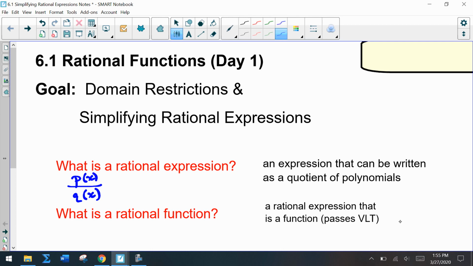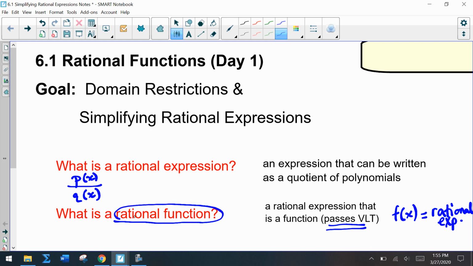So if we now have f of x equals a rational expression, and we graphed f of x, we need to make sure that it passes the vertical line test in order to be a function. So we're going to graph rational functions later on this unit, but we're going to really focus on rational expressions to start off.